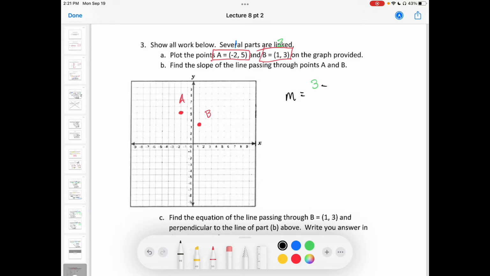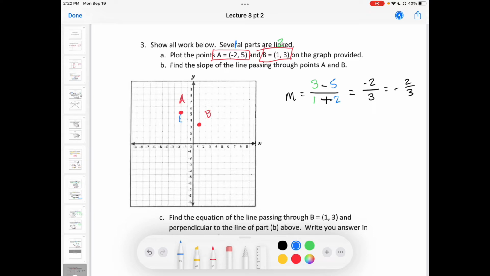So I've got m equals 3 minus 5, my y sub 2 minus my y sub 1, over my x sub 2, which would be 1, minus my x sub 1, which would be negative 2. So I have 3 minus 5, which is negative 2, over 1 plus 2, which is 3, since those two negatives make a positive. So negative 2/3 is going to be my slope.